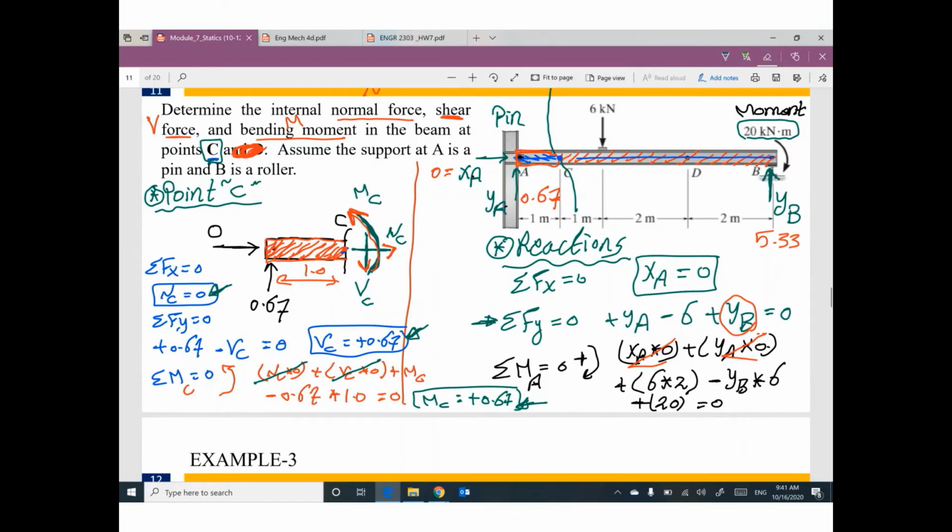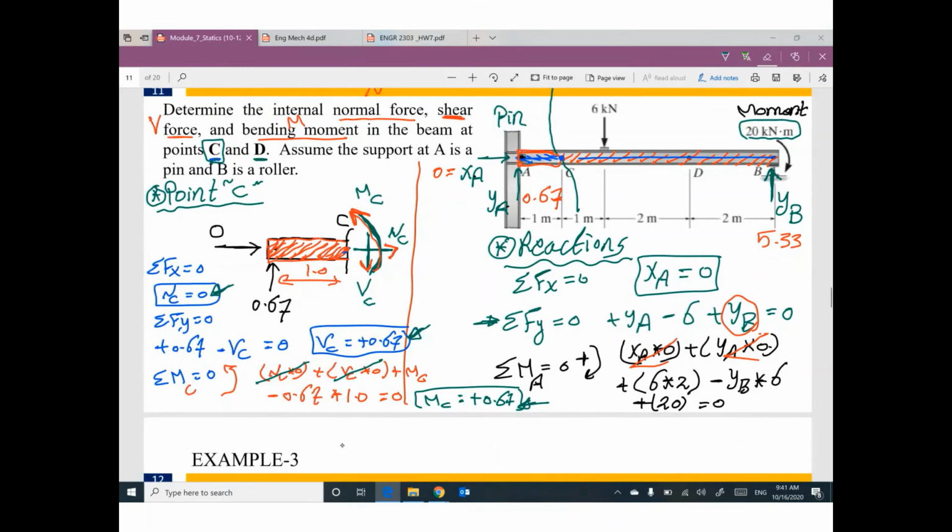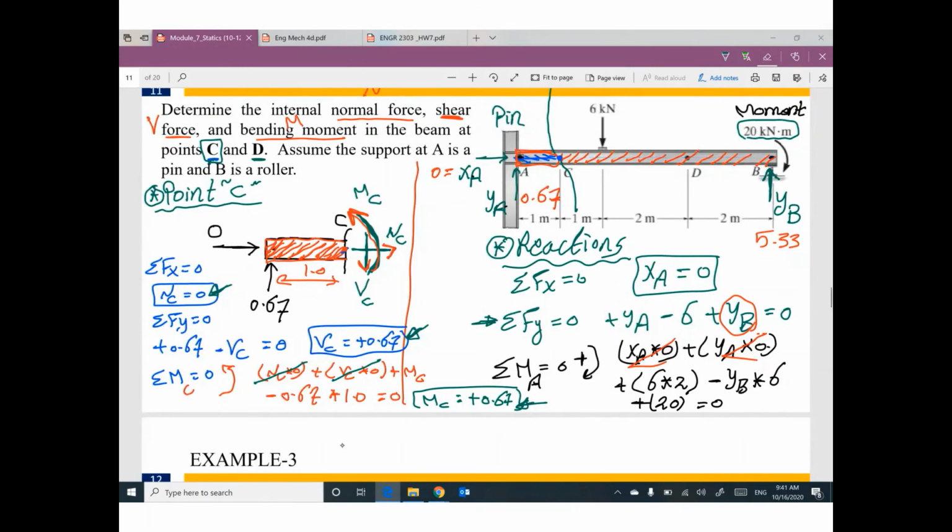We have another part in this problem. We are looking for internal forces, normal, shear, and moment at point D. Where is point D?